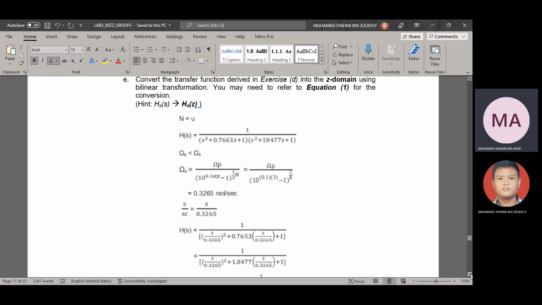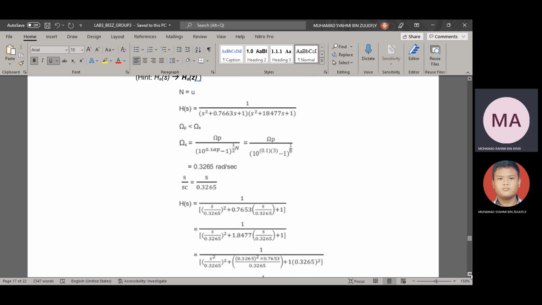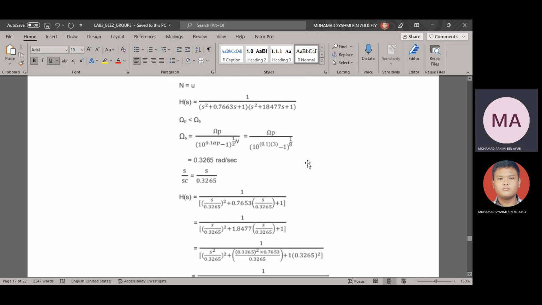So we refer to equation 1, and then for H(s), after we put the values into the formula, we got the equation 1 over (S squared plus 0.2944S plus 0.1066)(S squared plus 0.6033S plus 0.1066). That is the equation. We change it into the Z domain.